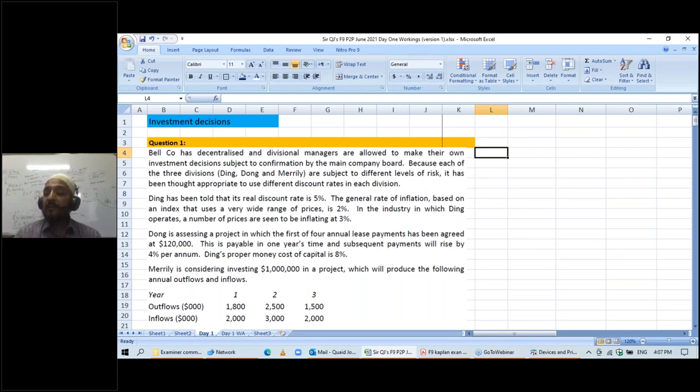Students in this section mostly work on investment appraisal, the NPV work, the calculation of net present value, inflation, taxes, and these types of things, right? And they work on internal rate of return and calculation of paybacks. But they miss a lot. They do not work on asset replacement decisions. They do not work on the capital rationing area, right? And they do not work on the lease or buy decisions.